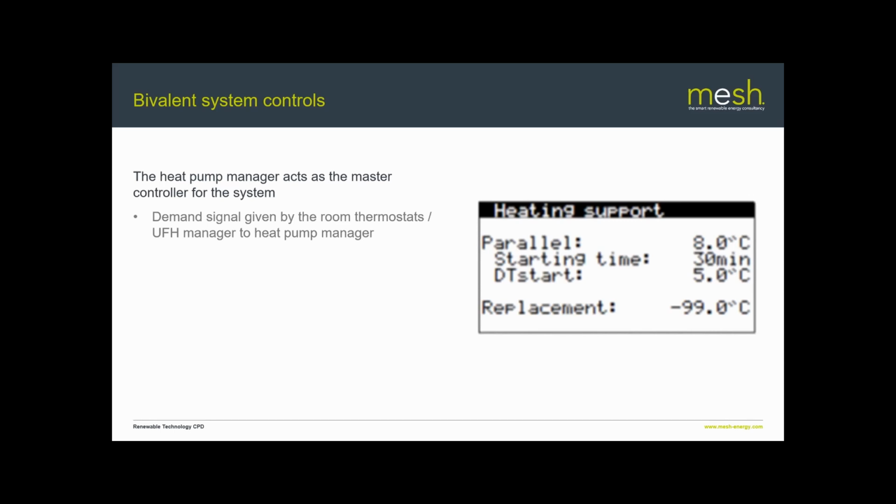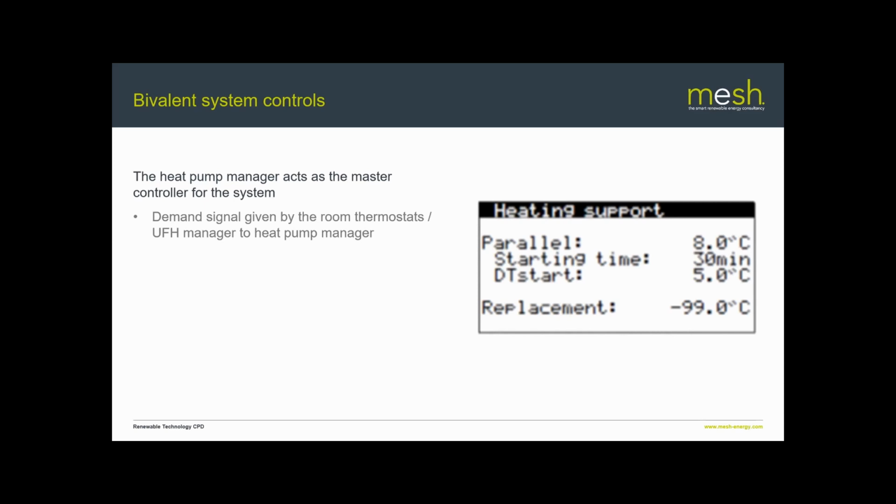A demand signal is then given by some sort of thermostat, and that could be an underfloor heating manifold controller. It could be a master thermostat in a common area on a radiator system. It could be individual electronic thermostatic valves on radiators in some newer systems through a Nest system or something like that. But you'll get some sort of demand signal coming back from the heating system saying there is a demand for heat, and that goes to the heat pump manager.